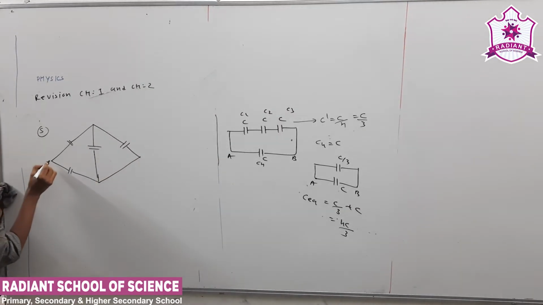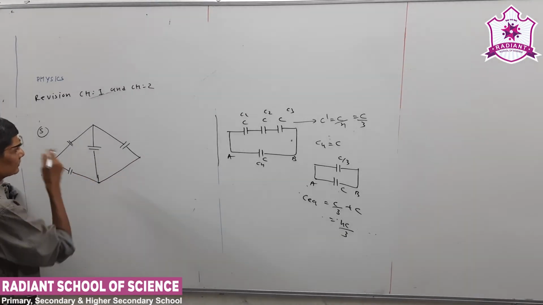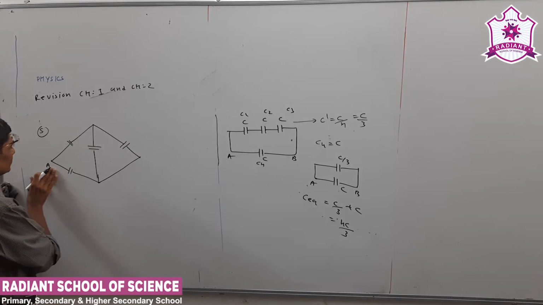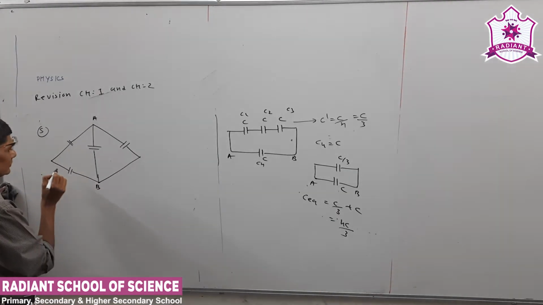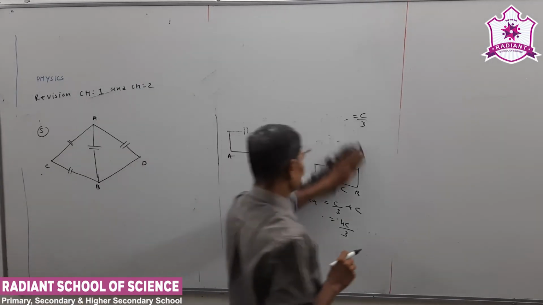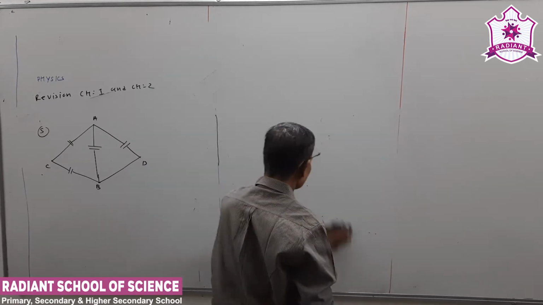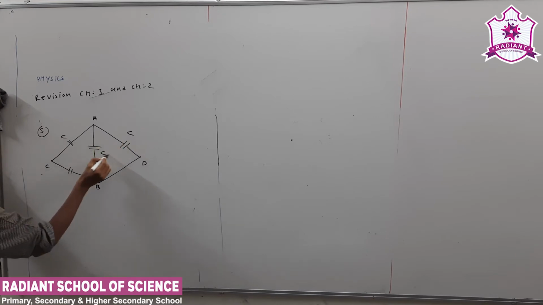See the system of network. We have to calculate the equivalent capacitance; all capacitances are of the same value.